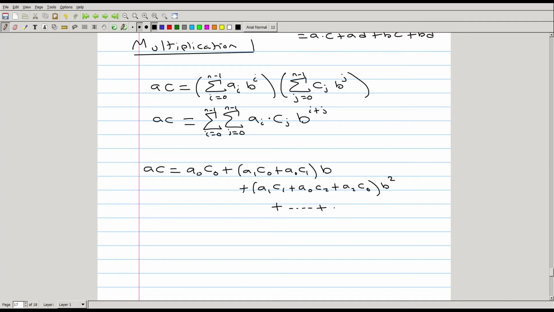So this will be a n minus 1, c n minus 1, and I plus j will be b to the power 2n minus 2.